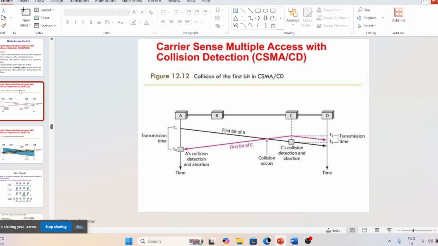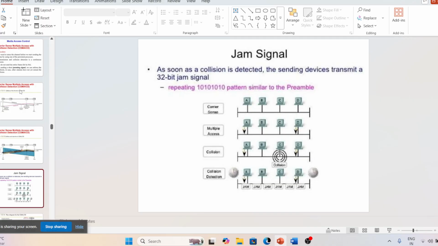Okay, so whenever a collision is detected, the station can send a jamming signal, and all other stations will know about this. Now, one more question the examiner can ask: what is the length of the jamming signal in general?